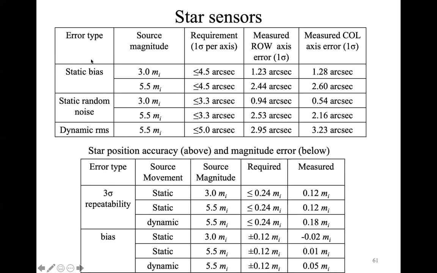So this is a static bias on your measurement, and this is a random noise, for example, a Gaussian representation that gives you the possible errors given by a star with a magnitude between 3.0 and 5.5.